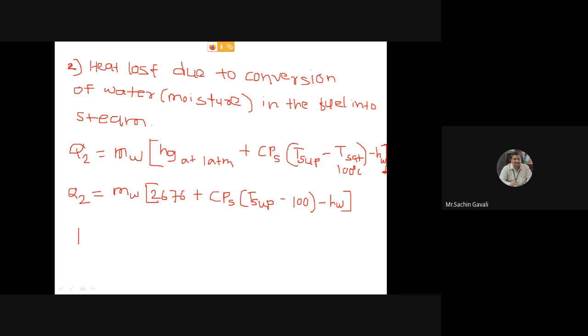Then HW is equal to the specific enthalpy of moisture at boiler room temperature.